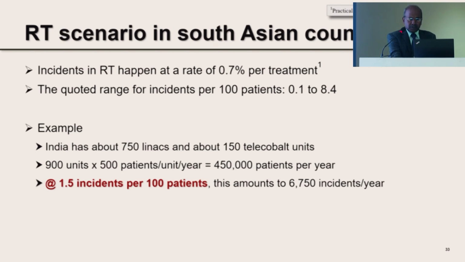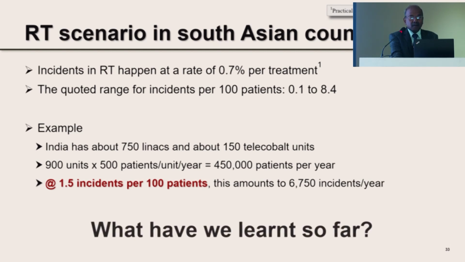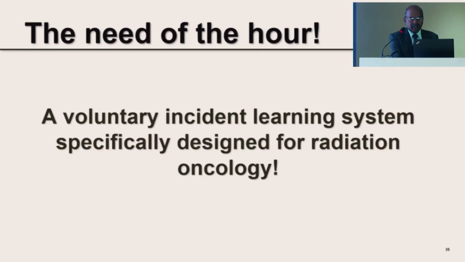Even if we assume a conservative estimate of 1.5 incidents per 100 patients, according to different estimates, this will amount to about 6,750 incidents a year. And what have we learned so far? Nothing. Just nothing. In our countries, we haven't learned anything.